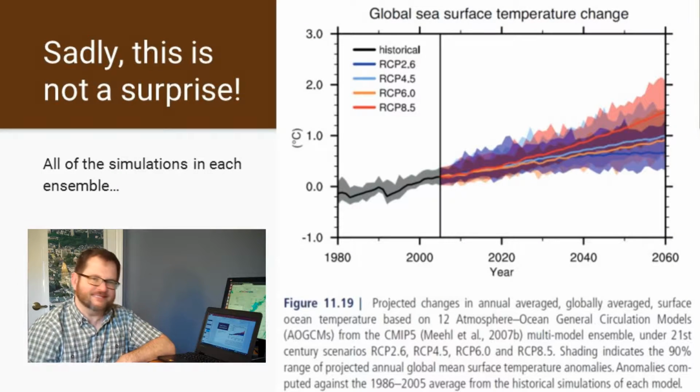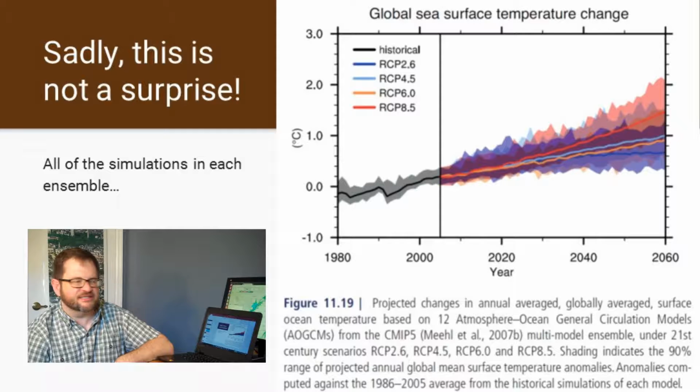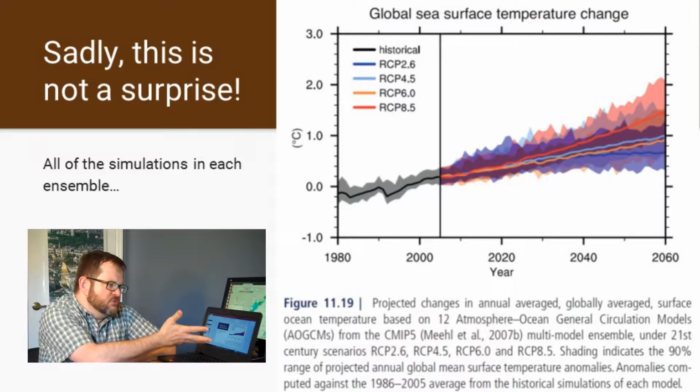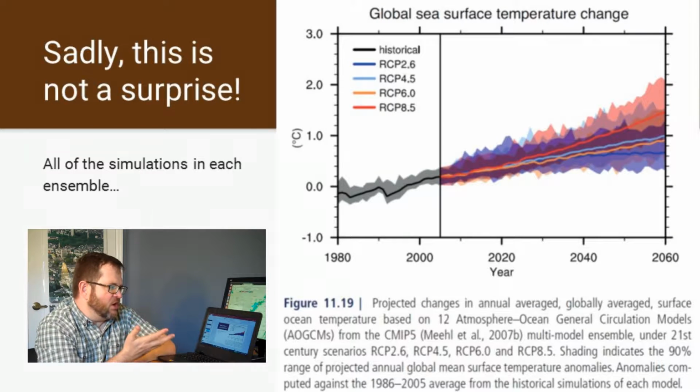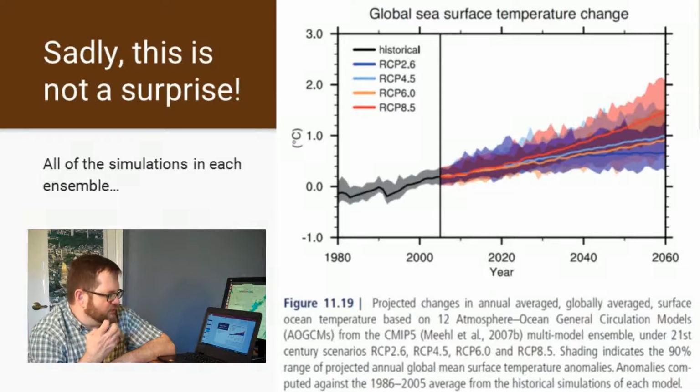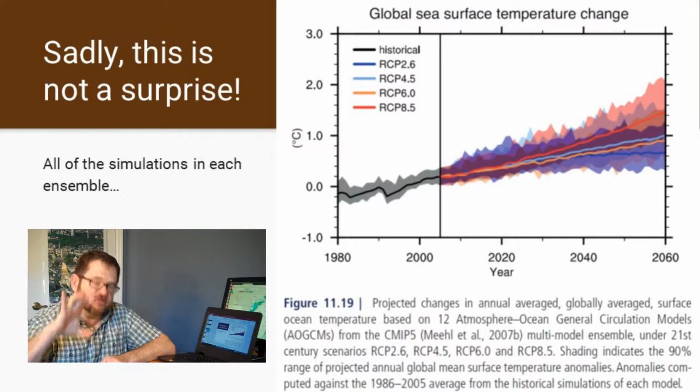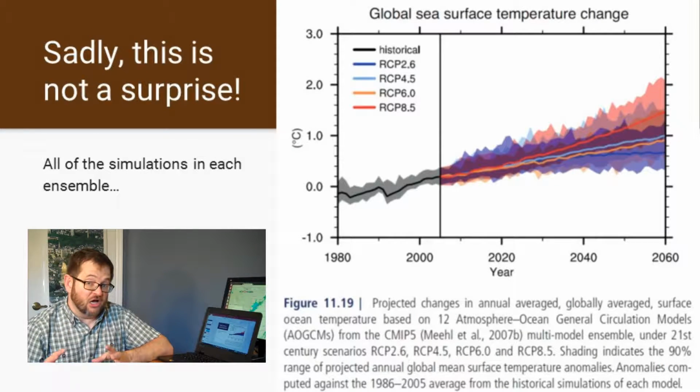I mean, before you even examined these curves in the IPCC report, you noticed immediately, unsurprisingly, that they're all pointing up. You probably could think through what's going on here. Notice how they have kind of error bars around each of them? Well, that is the range of forecasts of global mean sea surface temperature in each member of an ensemble.